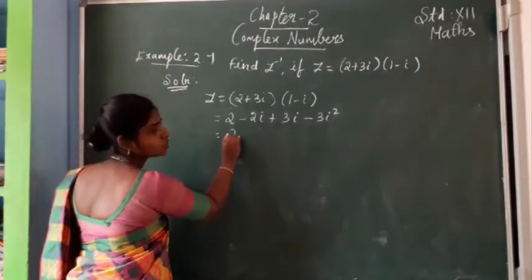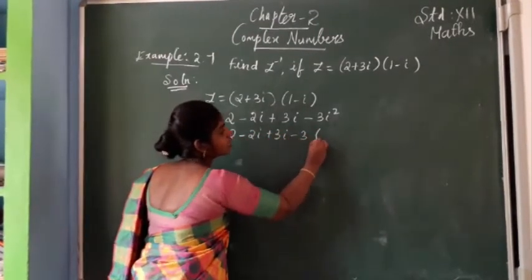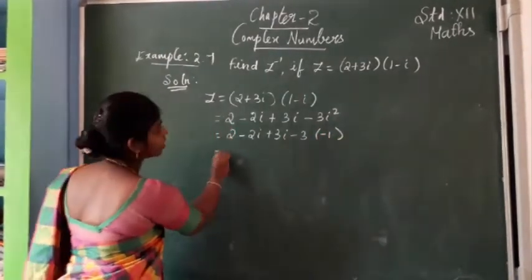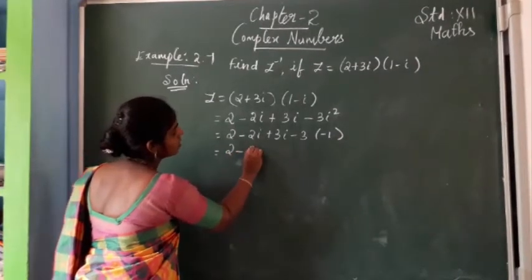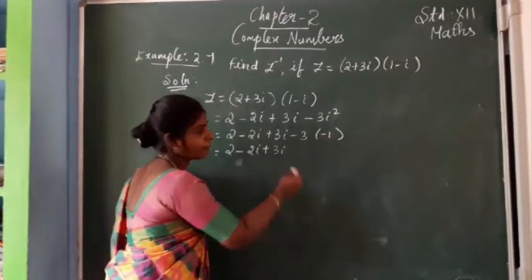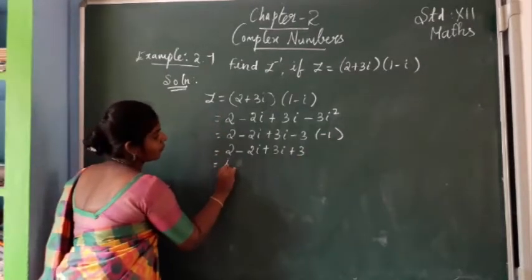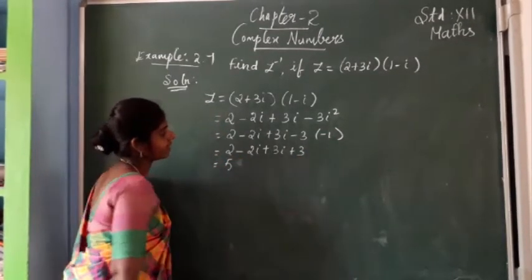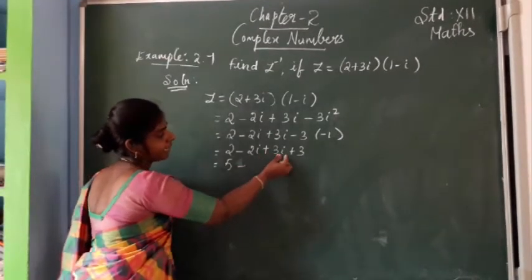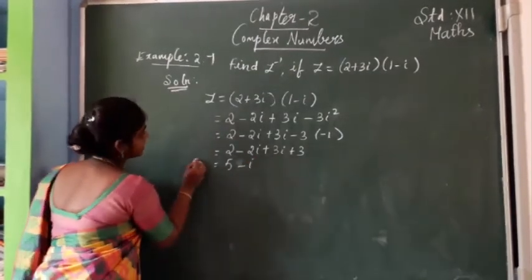That's equal to 2 minus 2i plus 3i minus 3 into i square. The value of i square is minus 1. So 2 minus 2i plus 3i plus 3, that is 2 plus 3 equals 5, and minus 2i plus 3i equals i. So Z is 5 plus i.